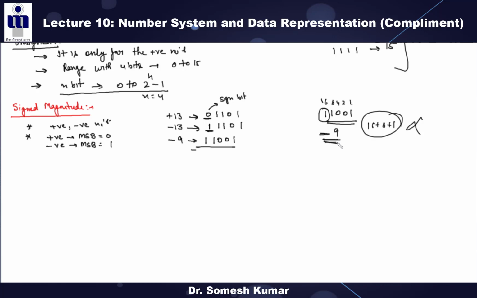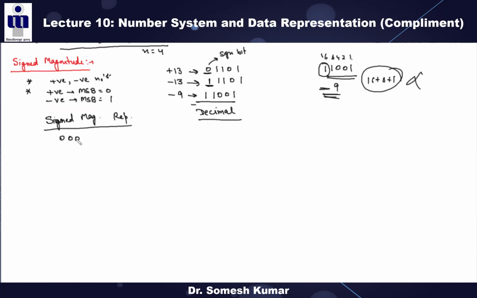Okay, so now the range of the sign magnitude. Here I am taking 4 bits. What is the equivalent decimal number of each 4-bit pattern? This is your plus 0.